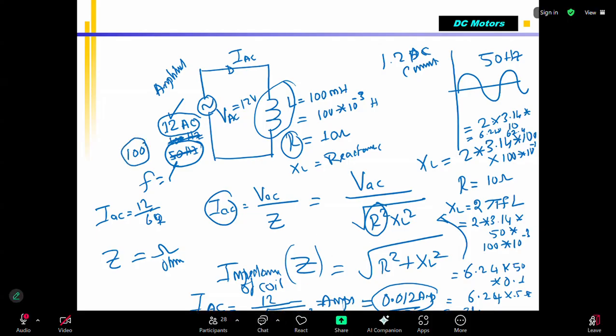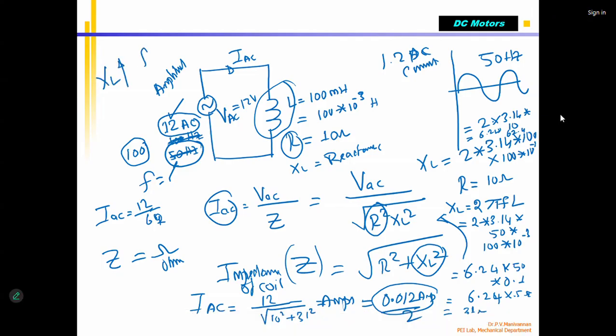What will happen? Automatically, XL will increase if supply frequency increases. XL will decrease if supply frequency decreases. So it is directly proportional to supply frequency, AC frequency.